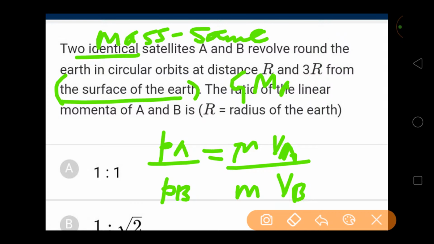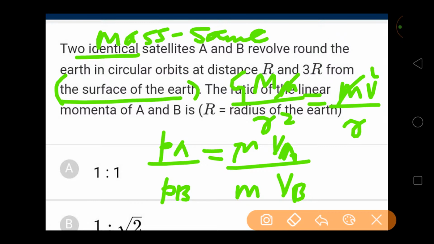G m by small r square is equal to mv square by small r. M cancels.